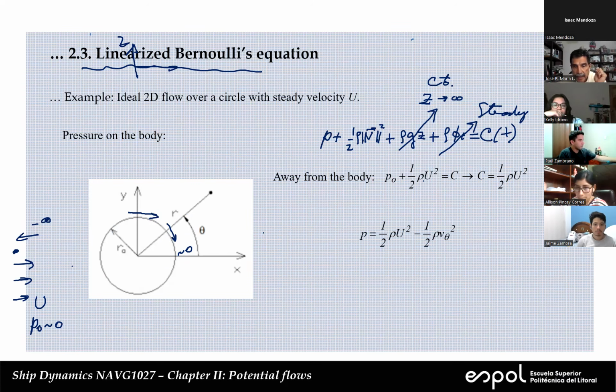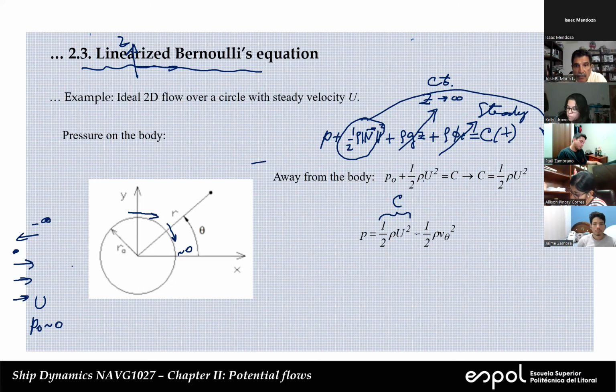So we have the pressure, the equation that we just recalled. We take this term and move it to the right-hand side. So the pressure is going to be 1/2 rho u squared, which is simply the constant C, and this is equal to minus 1/2 rho the velocity squared.